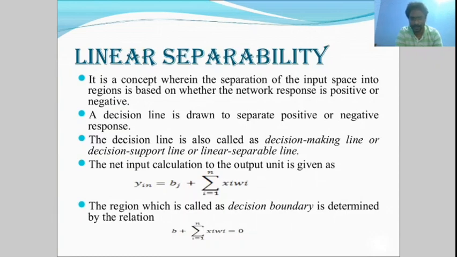Linear separability is a concept where the separation of an input space into regions is based on whether the network response is positive or negative. So the input space is divided into regions that produce a positive or a negative network response.